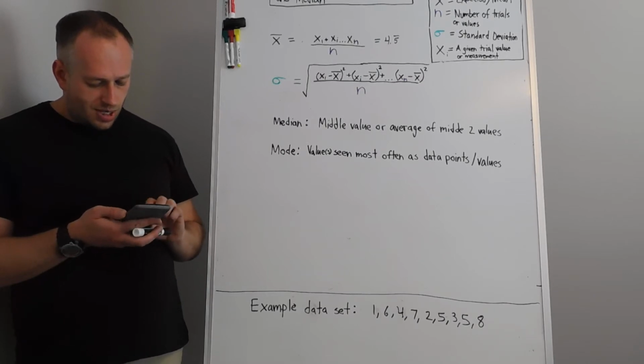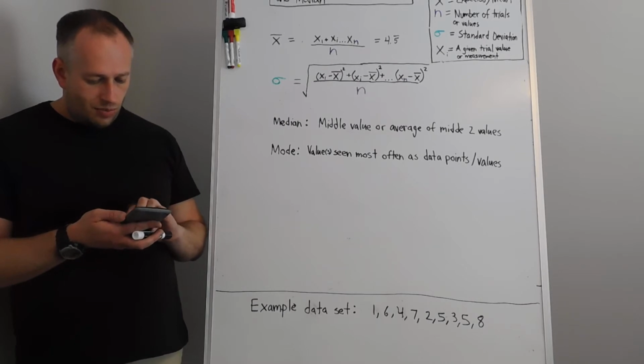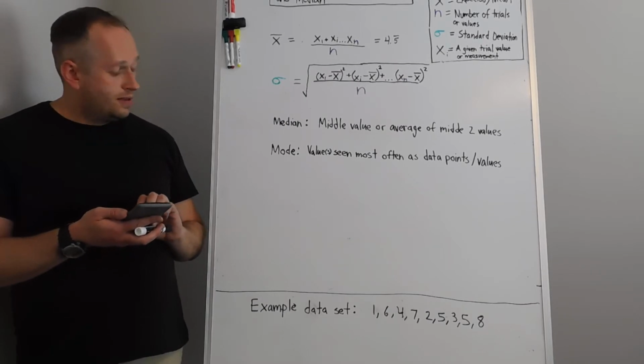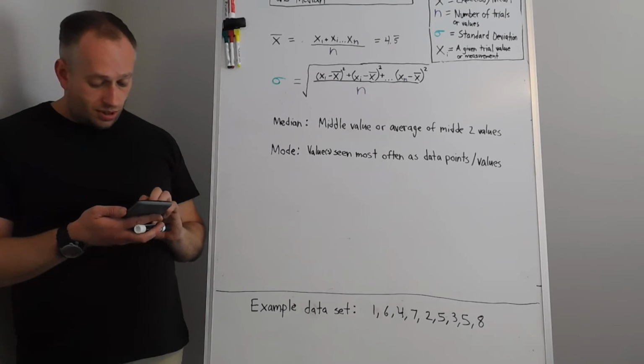1 minus 4.6, and then square that, and then we add the next value, which is 6. So 6 minus the 4.6, and then square that.